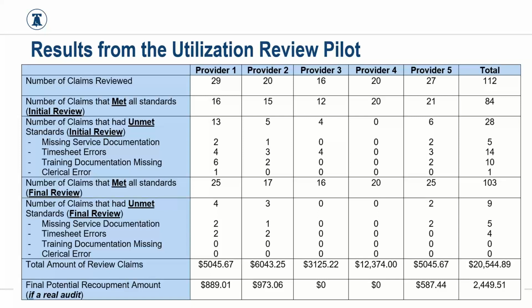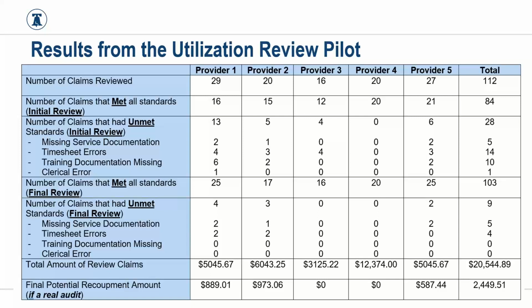So we really only had 9 claims out of the entire 112 that did not meet standards after the final review. And so the 2 areas that we found were missing service documentation or timesheet errors or discrepancies. We couldn't match the timesheets with the service documentation.